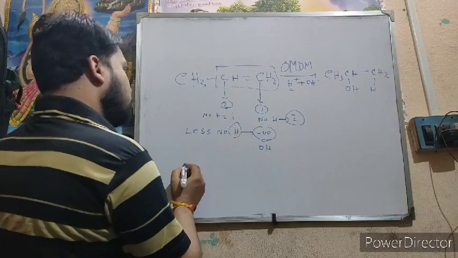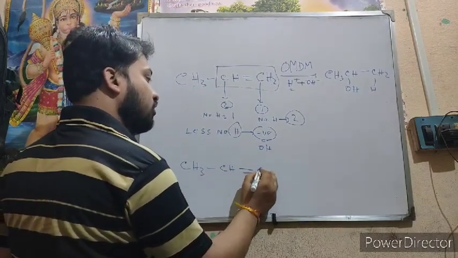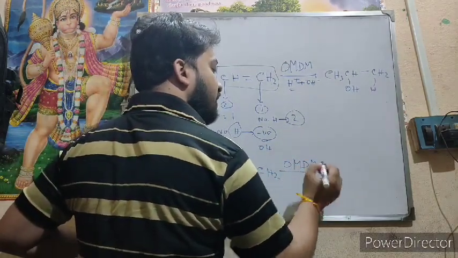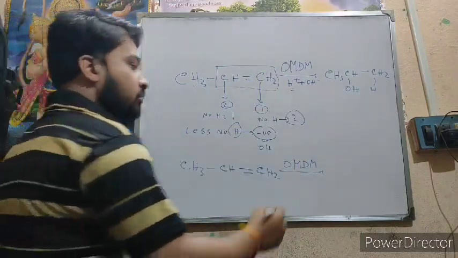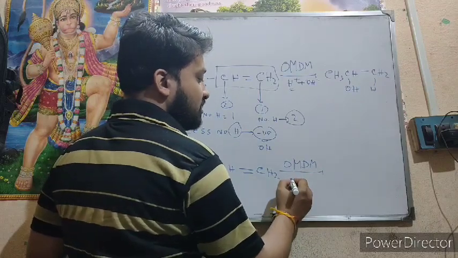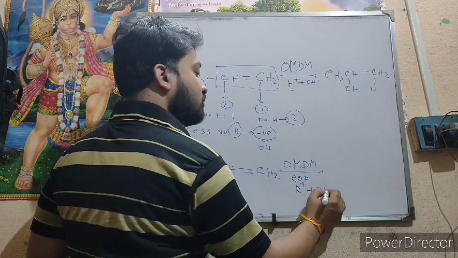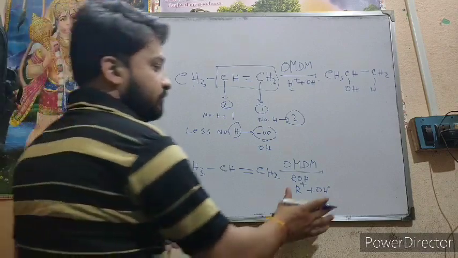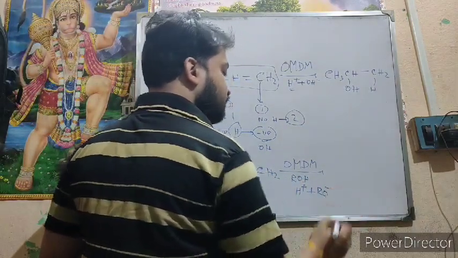But if you use CH3 CH double bond CH2 with the help of this reaction OMDM, but you do not use water, you use ROH. ROH gives you H plus and RO minus.